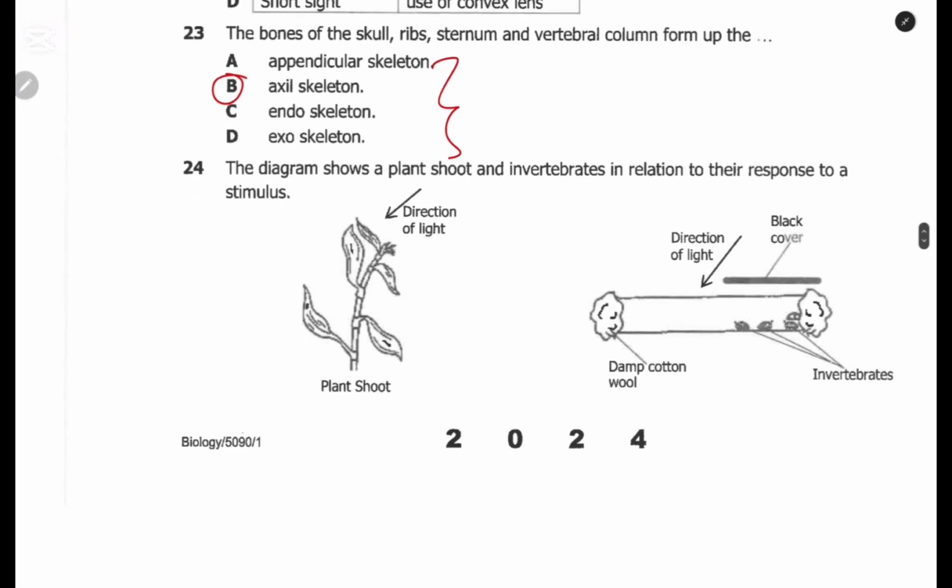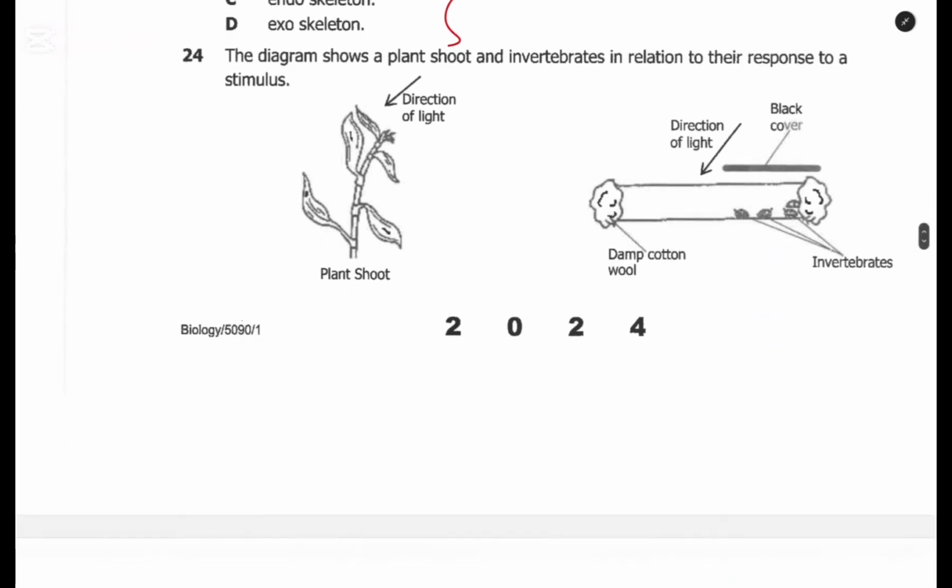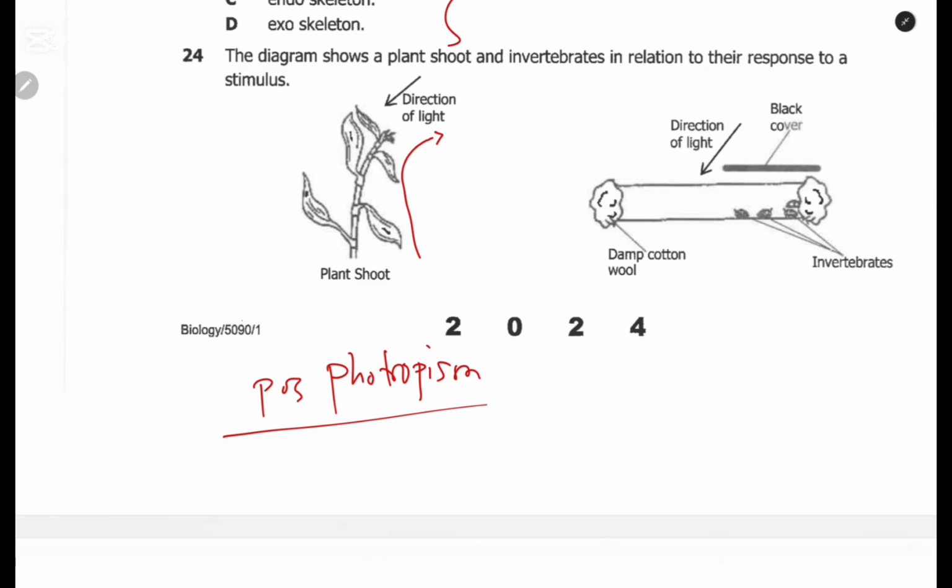Okay, the diagram below shows a plant shoot and an invertebrate in relation to their response to stimuli. As you can see, the plant here is bending toward the direction of light. So this is growing toward light, and when it is growing toward light, that is what we call phototropism, and that is positive phototropism.